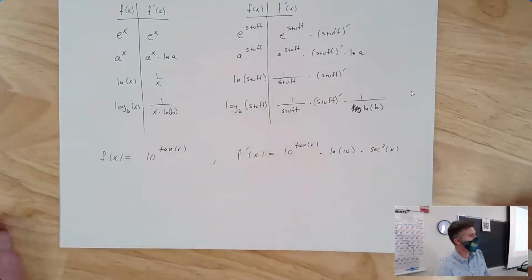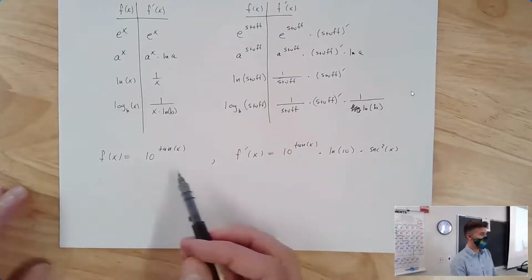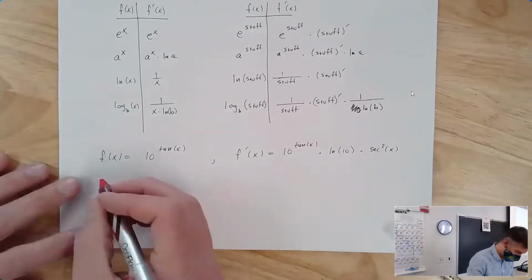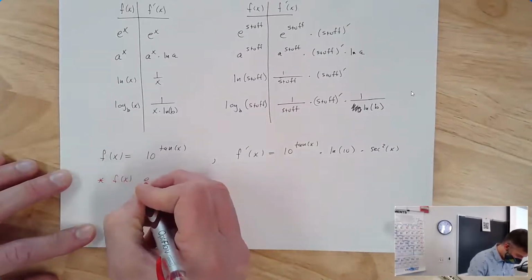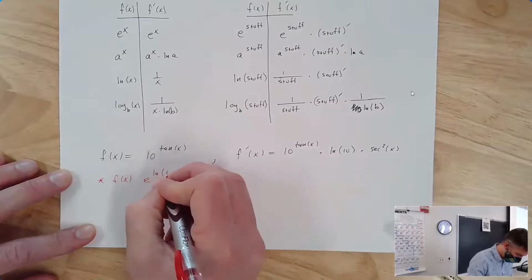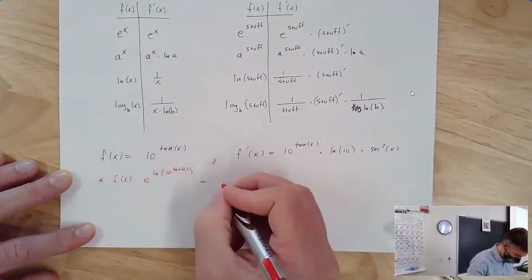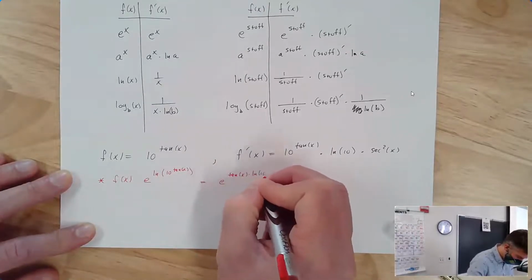However, some people might actually have you write it out as e to the natural log of 10 to the tangent of x, and do the whole thing we did before. So one option is to rewrite this as e to the natural log of 10 to the tangent of x, and then rewrite that as e to the tangent of x times natural log of 10.